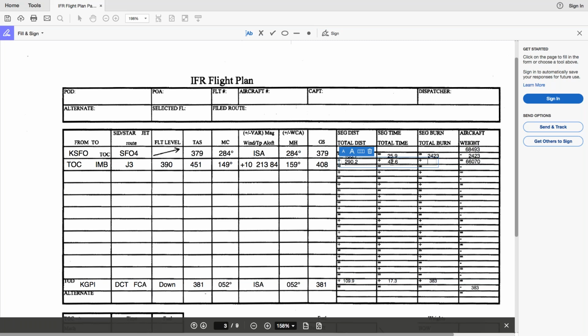That gives us our pounds per minute, 51.63 pounds per minute. Multiply that by our 42.6 minutes, and that gives us 2,199.6 pounds. Let's round that to the nearest pound. So 2,200 pounds.